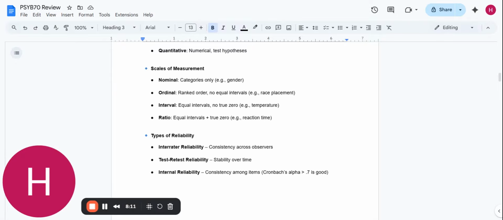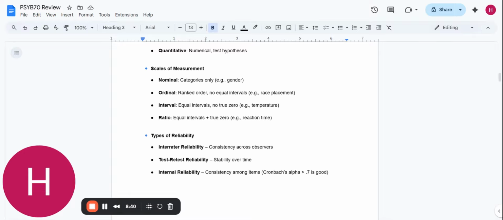And now let's move forward to scales of measurement. We have four different types. Nominal just focuses on categories, for example, gender. We have different categories for gender and they're actually not numbers or on a scale, they're just different categories. Ordinal is ranked, but there are no equal intervals. So the difference between different ranks doesn't mean anything, like, let's say, race placements.